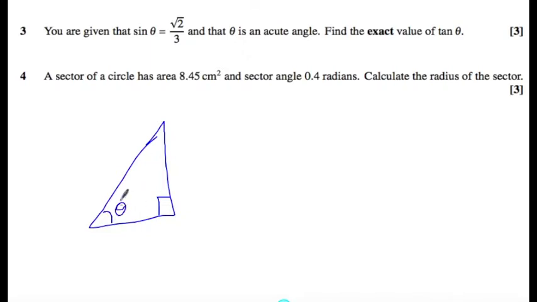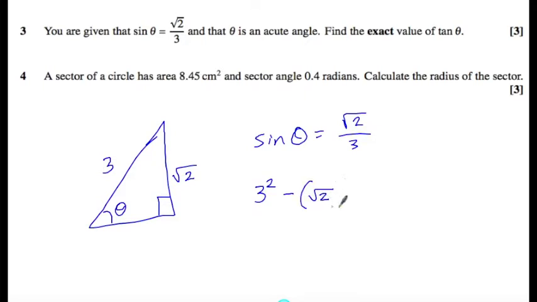If this is theta, and we know sine theta is root 2 over 3, then that must mean the opposite is root 2 and the hypotenuse is 3. So how can we find the adjacent? Well, we can use Pythagoras: 3 squared minus root 2 squared, which is 9 minus 2, which is 7. So that would be the square root of 7.